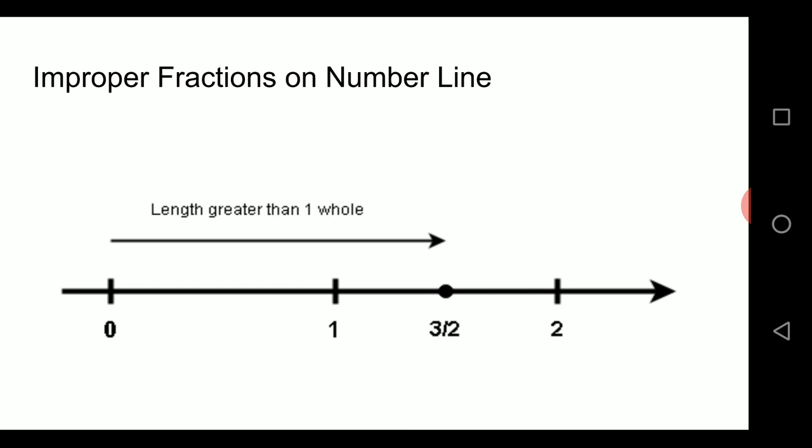In this case, I'm dividing my whole into halves. So 2 halves make 1, and then another half makes 3 halves. So that's why 3 by 2.